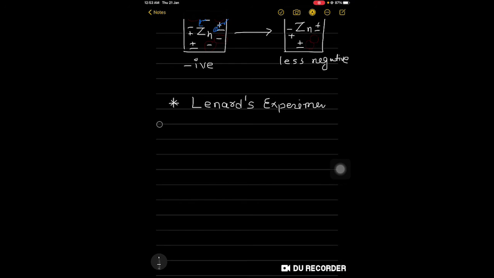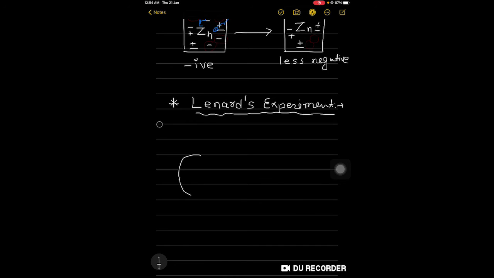Now we will see what this experiment actually was. In this experiment, Lenard made one glass tube which was evacuated and enclosed two electrodes, which are metallic plates, inside it. So the setup was like this.